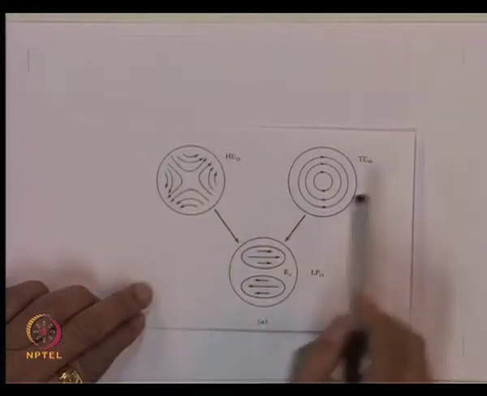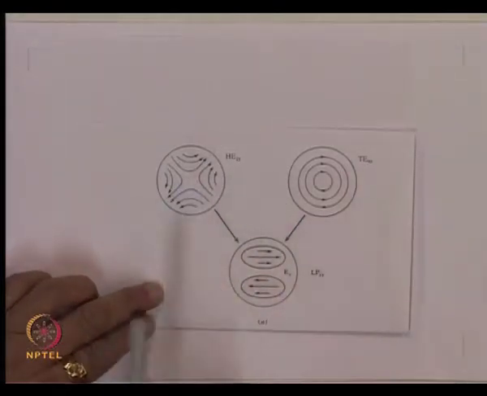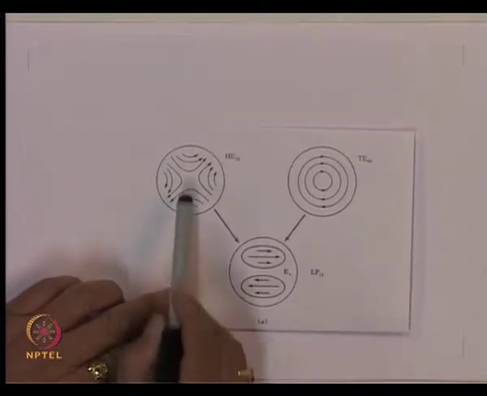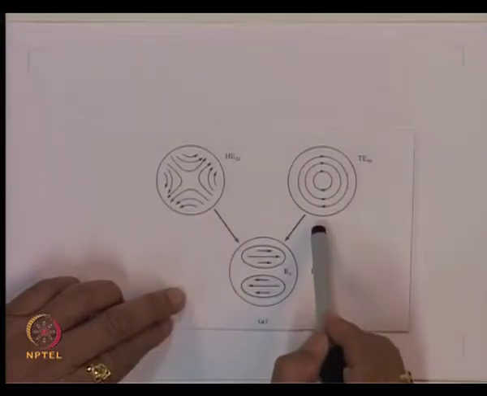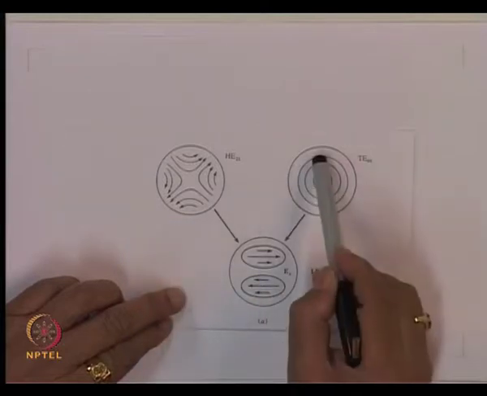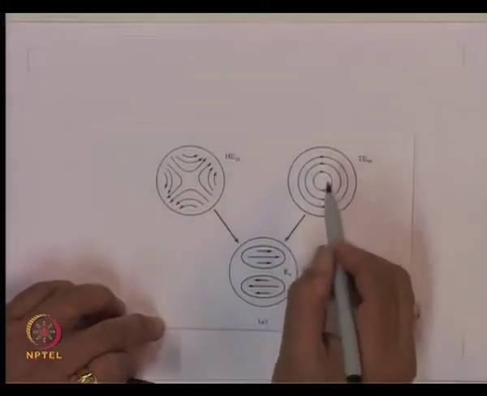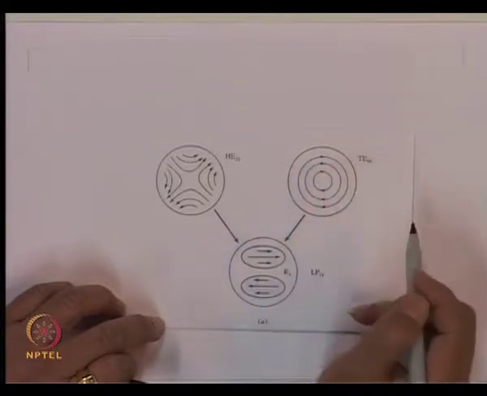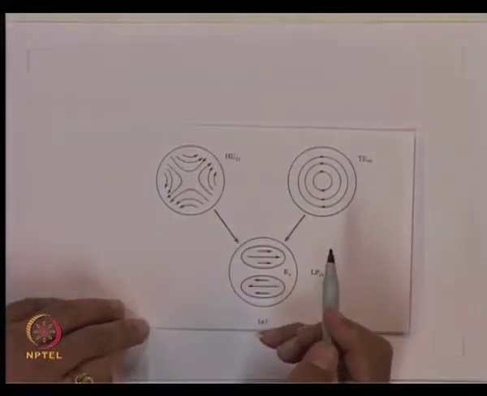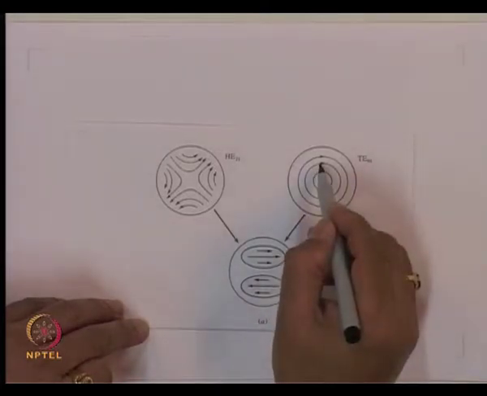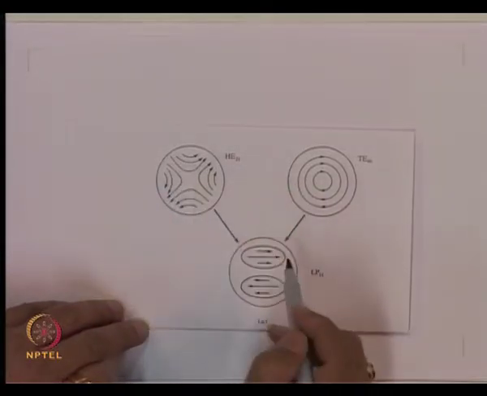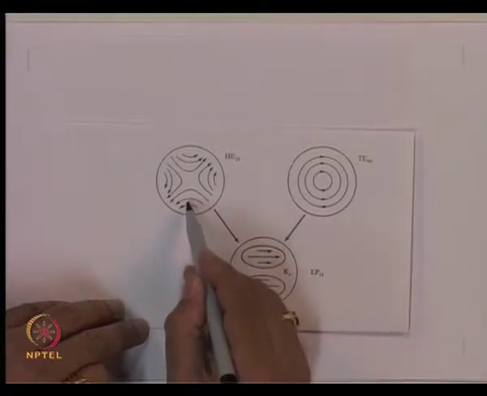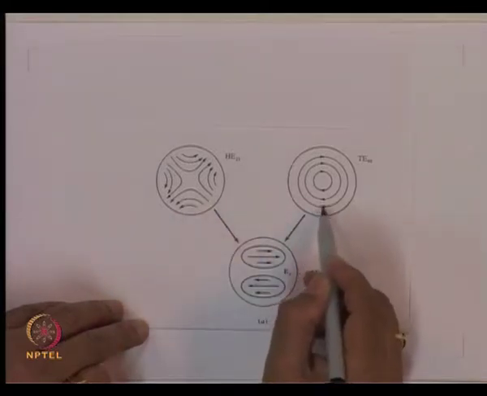If I consider the HE21 mode and the TE01 mode and add these two, here the field direction is vertically upwards, here it is vertically downwards, so they cancel each other. When I come to this location, the field direction is this way, and here also the field direction is this way, so the field will add. At this location, this is going upwards and this is downwards, so the field will cancel, and again here the field will add because this is the direction of the field here and this is the direction of the field here.